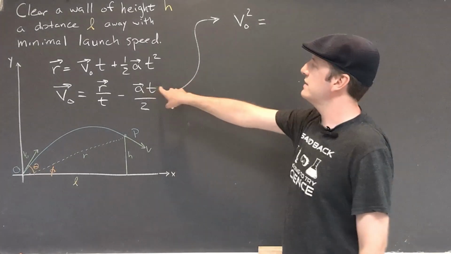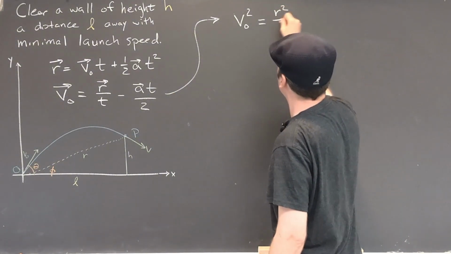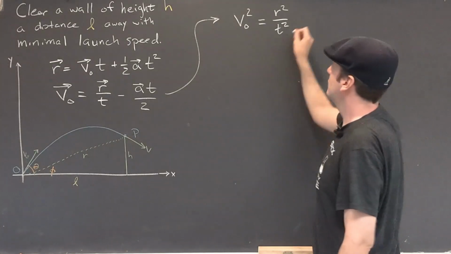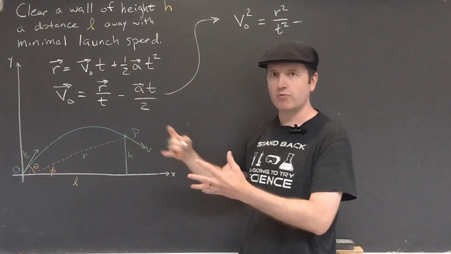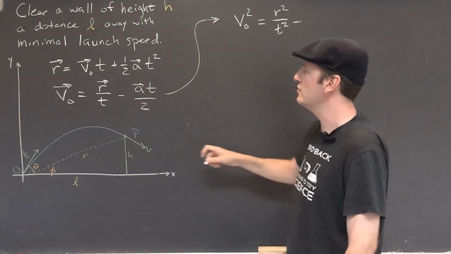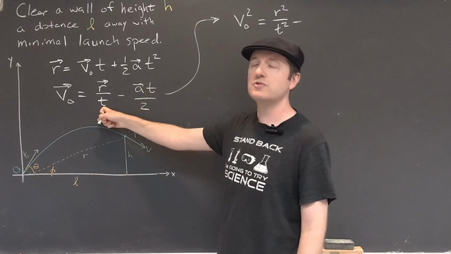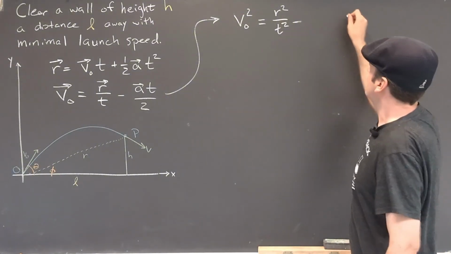And then when I square this thing out, I do have a binomial squared. So the first term will be r squared over t squared. There will be a cross term, which will be minus. I'll get 2 of them. Don't forget when you're foiling things out, you get a 2. So that'll cancel this 2. But I'll have a t over t. Those t's cancel out. Actually, I'm going to write this over here.